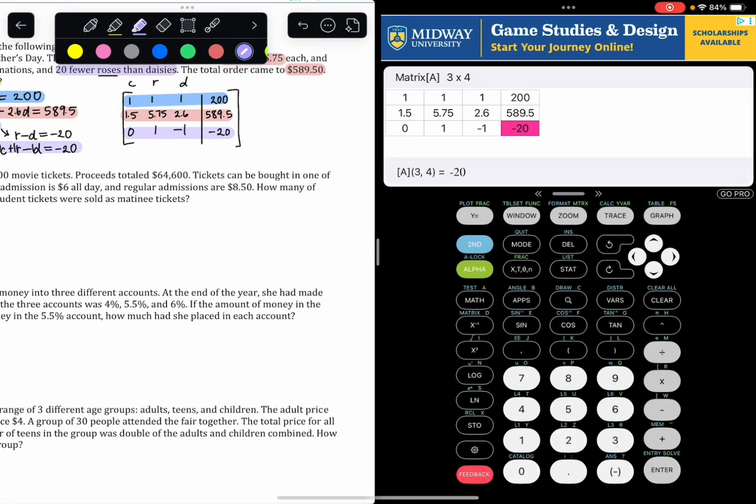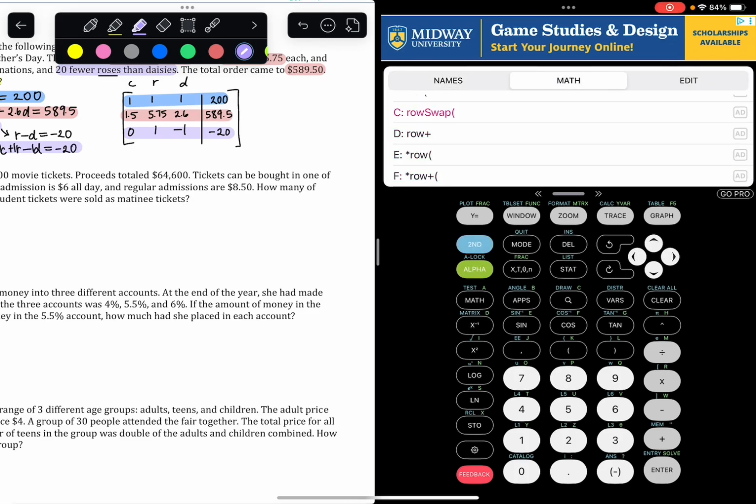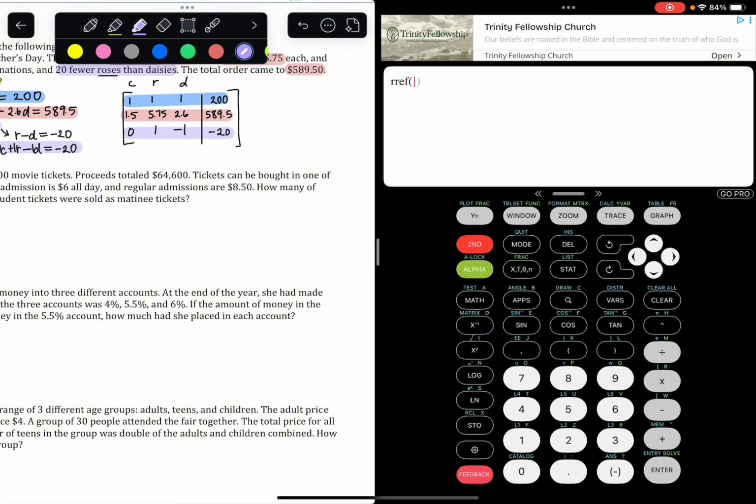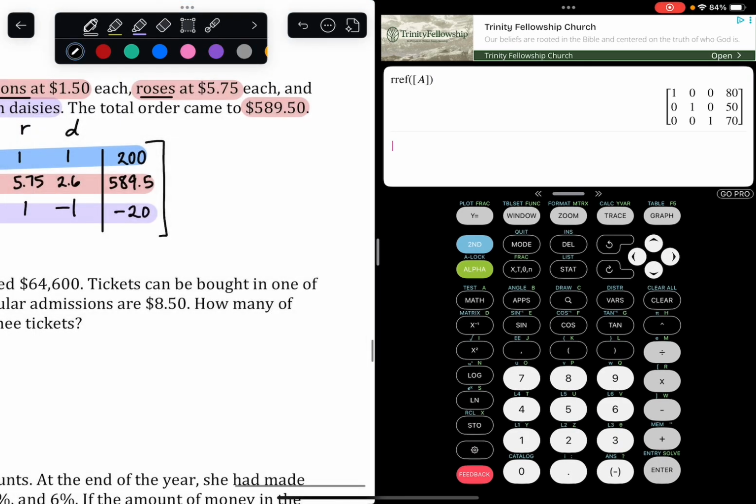Okay, and then second quit, second matrix, go over to math. You're looking for RREF, and then second matrix, option 1. Okay, and so I can see my reduced row echelon form.